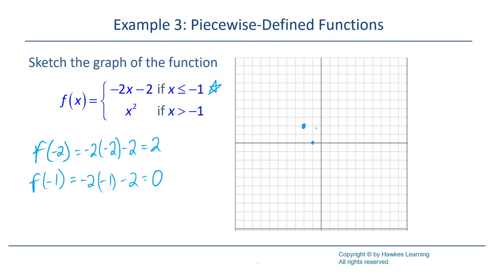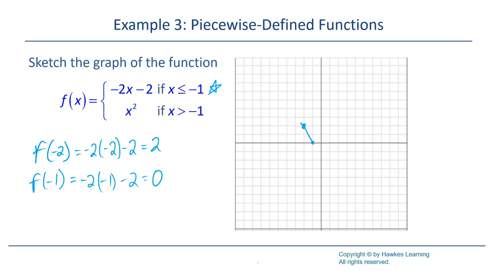Now I do have another option. I could pick negative 3, negative 4, something like that. But remember, you only need 2 points to make a straight line, so I've got my 2 points. But one other thing I need to take into account. It's only the negative 2x minus 2 line to the left of negative 1.